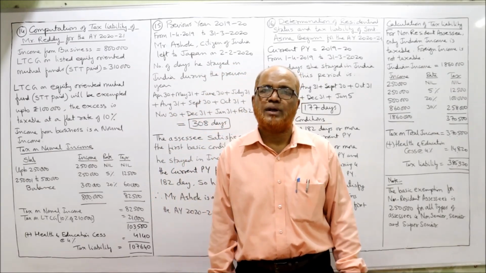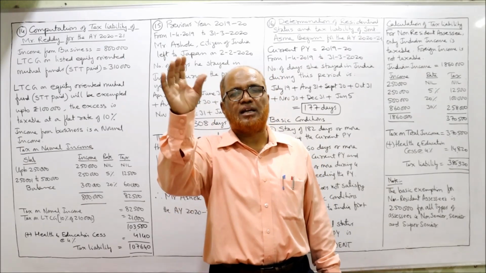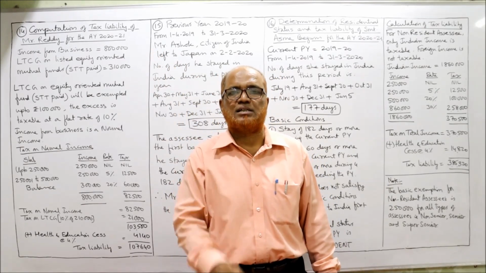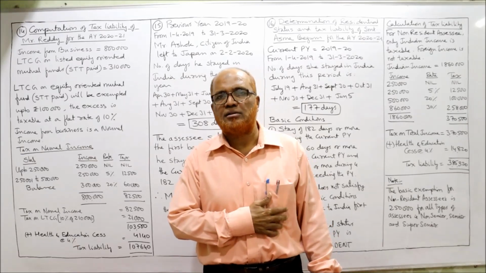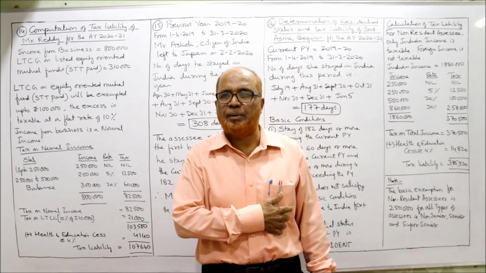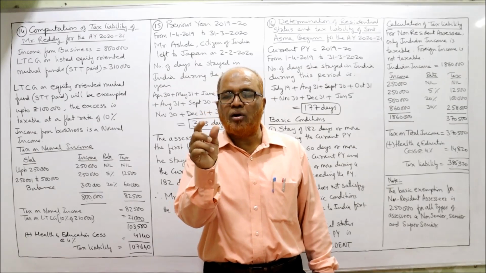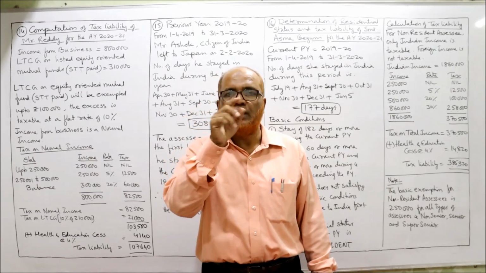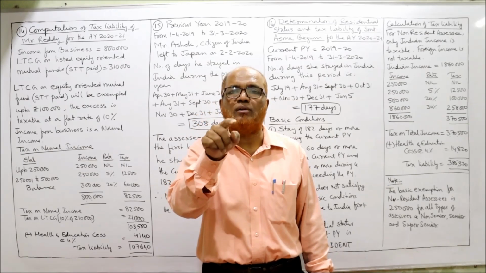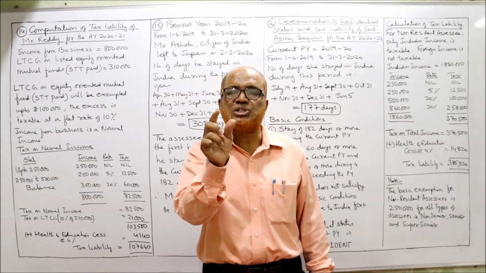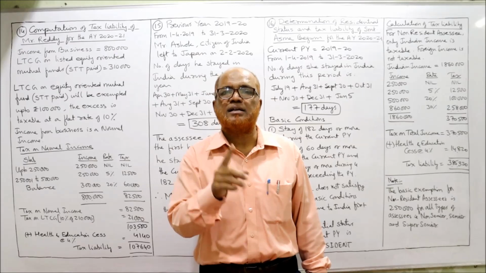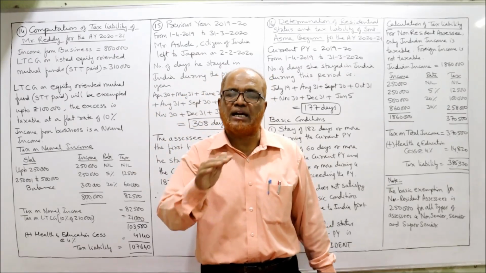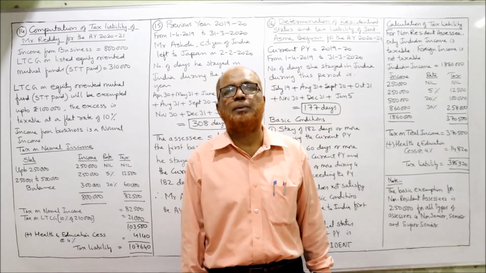Any transaction conducted in a stock exchange, where the securities are listed, will attract STT, security transaction tax. So any long-term capital gain arising on the sale of equity-oriented mutual fund units on which STT is paid will be exempted up to rupees 1 lakh. The excess will be taxed at a flat rate of 10%.